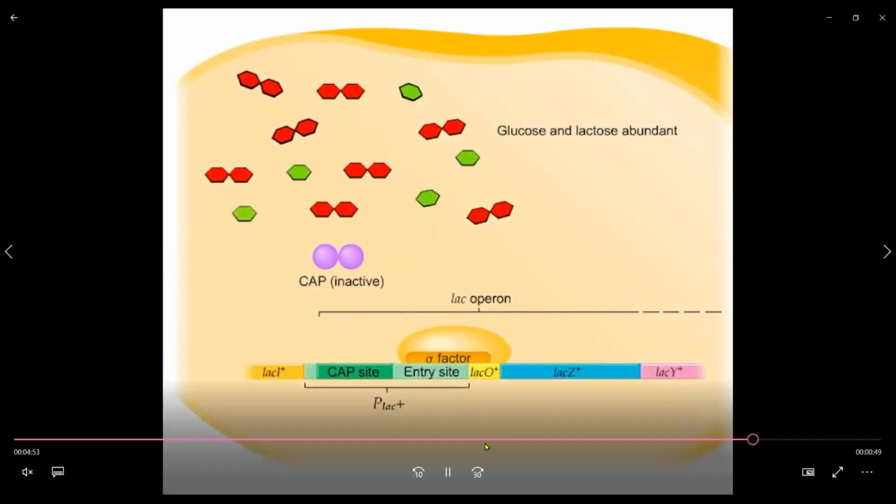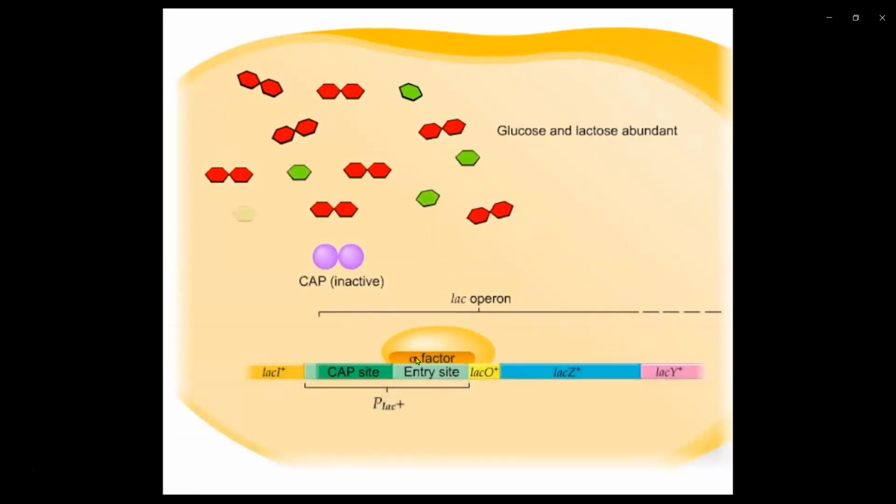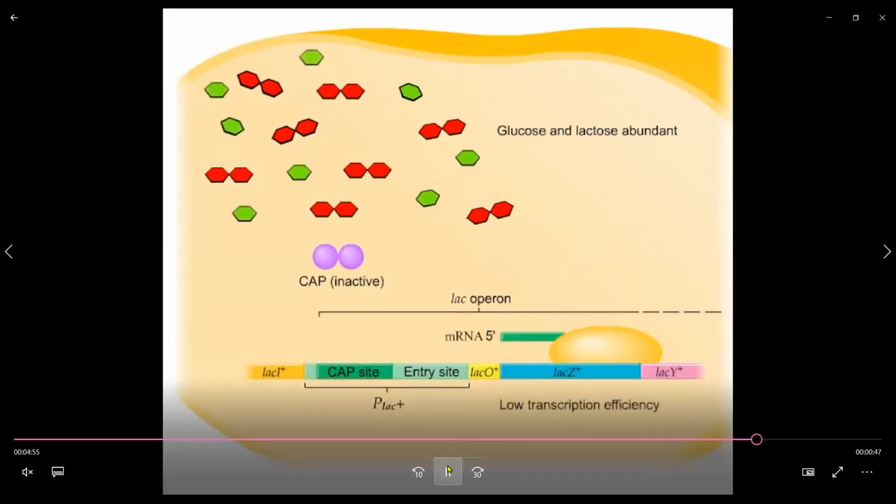See what happens. This is important. When there is glucose and lactose together, unless and until glucose is exhausted and cyclic adenosine monophosphate is produced, we do not get an enhanced rate of transcription. You see what happens here, the polymerase comes and sits, but the rate of transcription is low.